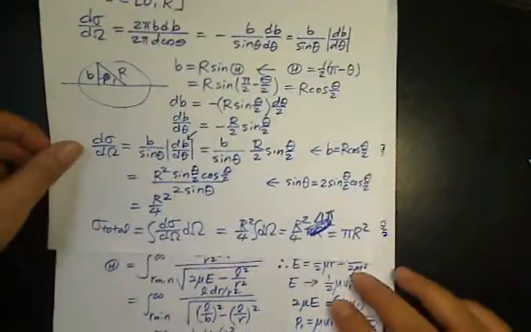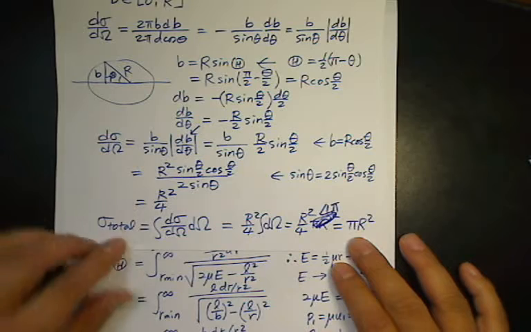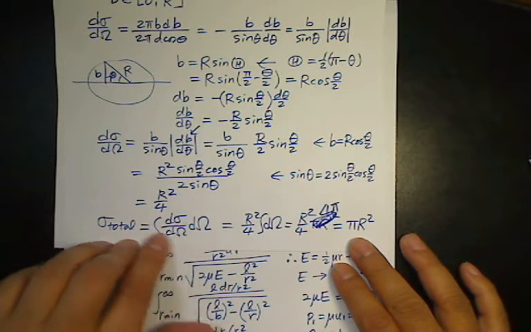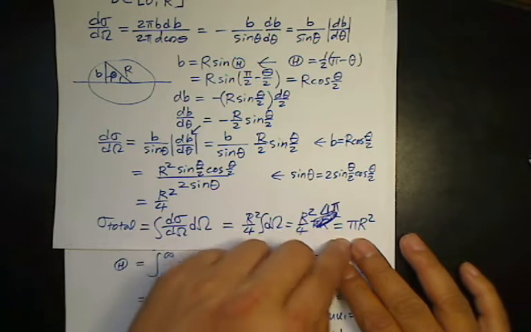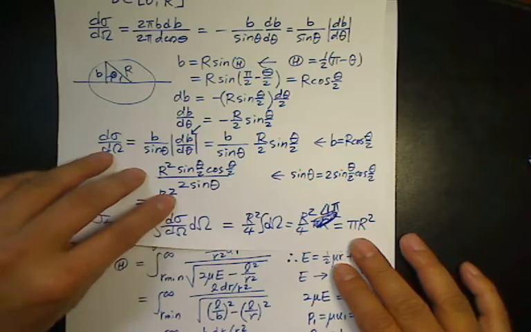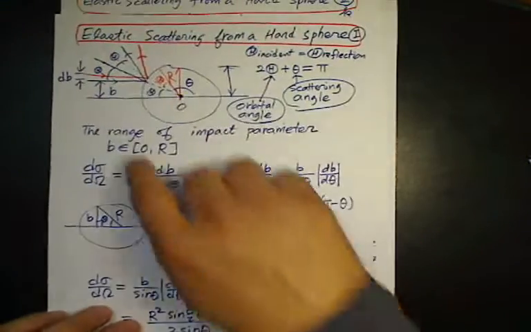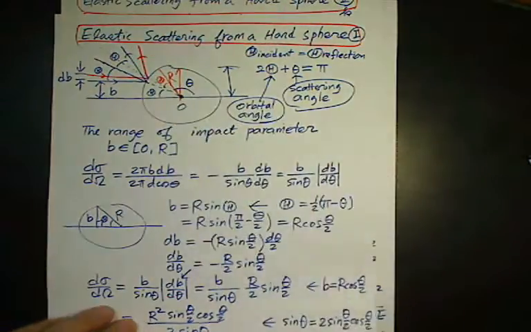Once the differential cross-section is obtained, you can integrate over the solid angle to verify this cross-sectional area is equivalent to what you expected.